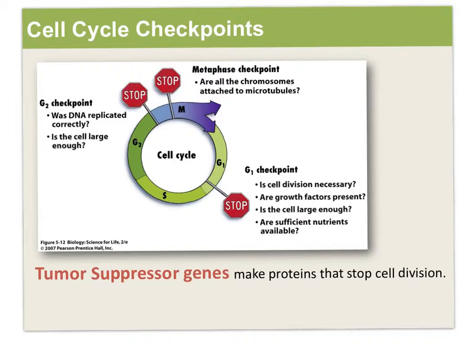Okay? So, the G1 checkpoint, first of all, a cell needs a signal to start dividing. Has that cell actually received that signal or not? If it turns out that a cell starts dividing, but it comes to that checkpoint and it hasn't received the proper signal, it will stop.